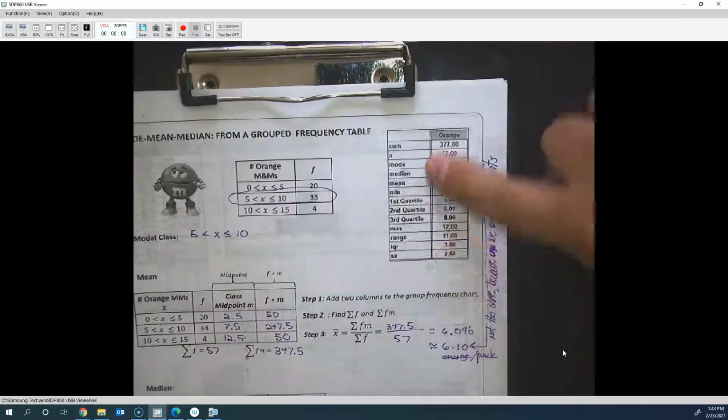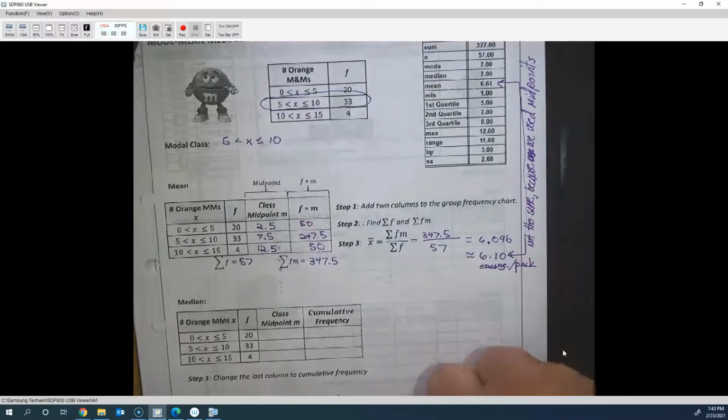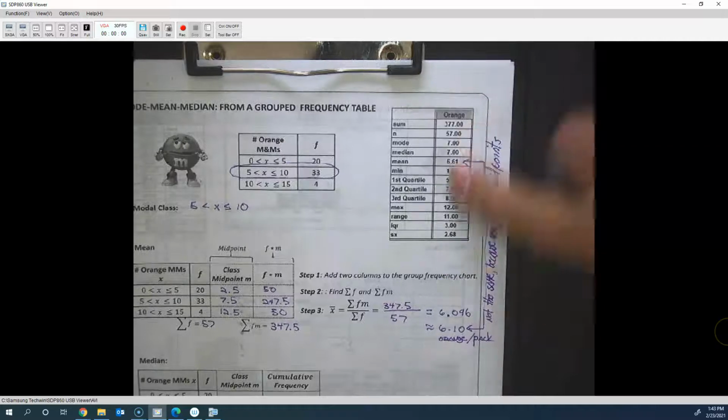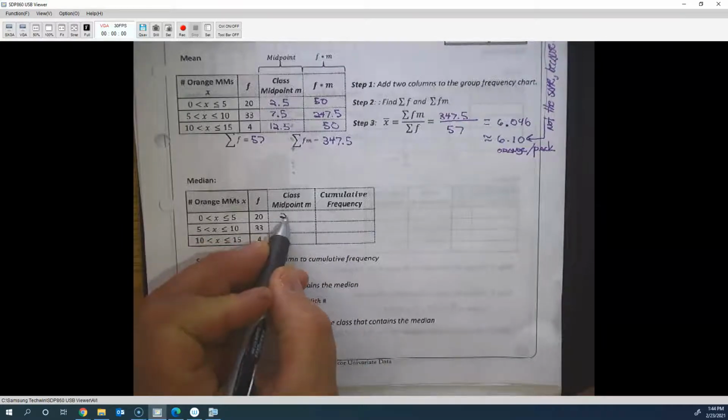Thank you. Okay, so now for the median, I just put this up here so that we could compare what we get when we use the midpoint to what it actually was. Here we do the same thing, but now we want to find the median. We're going to keep a running total of how many numbers we've counted. We got our midpoints here, 2.5, 7.5, 12.5.